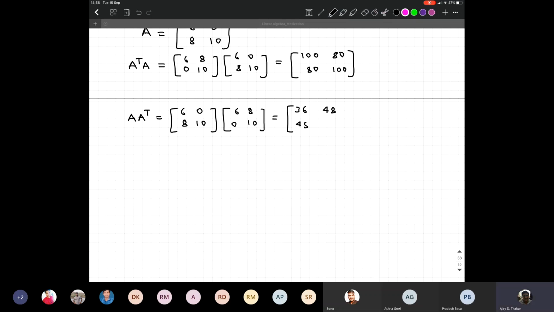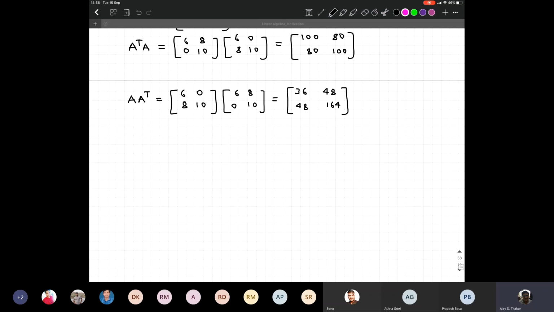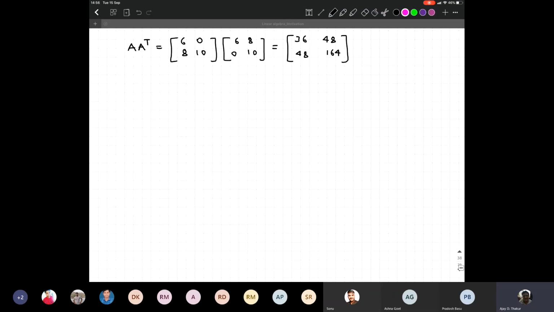This one is also 48, and this is 164. One interesting thing to check would be if you sum the diagonal elements, that is the trace of A A transpose and A transpose A, that should be identical, and it is. So it is 200 each. That's just a quick way to check that there are no problems here.